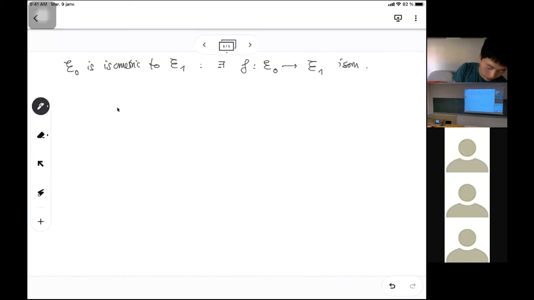And then what you look at is you define the following closed manifold.